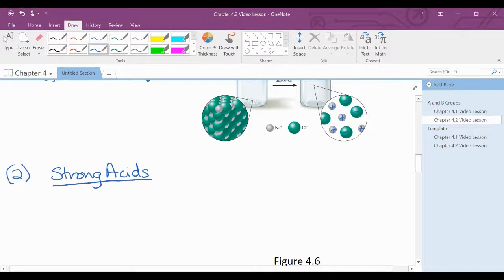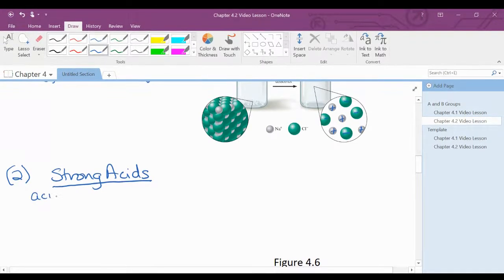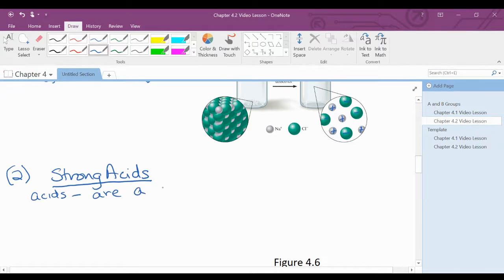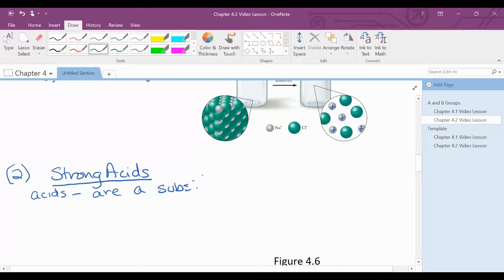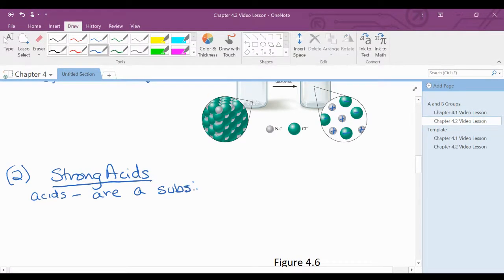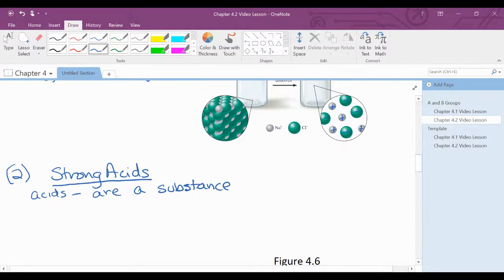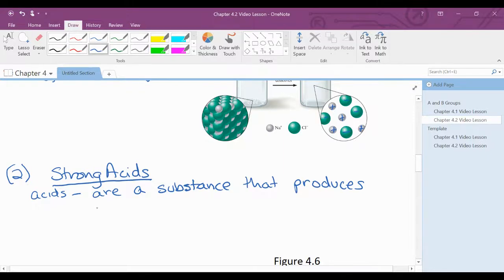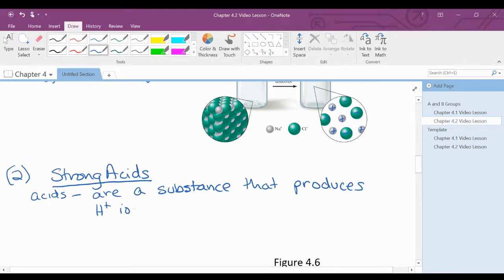So acids are a substance that produces hydrogen ions, a proton, when dissolved in water.